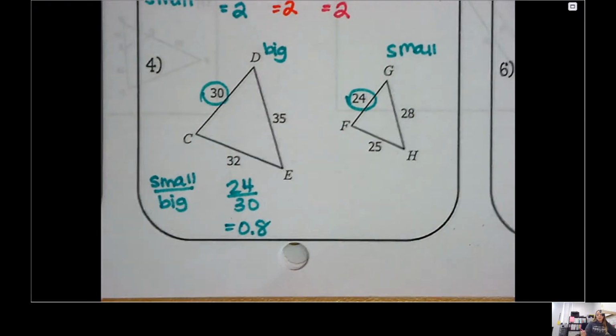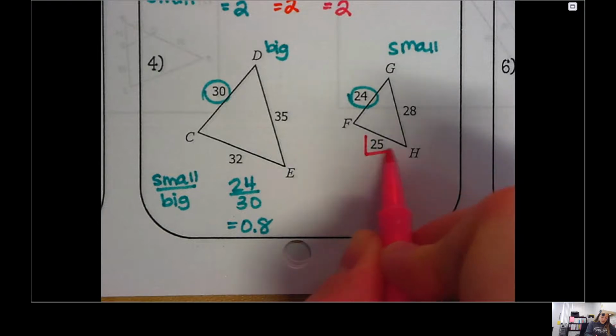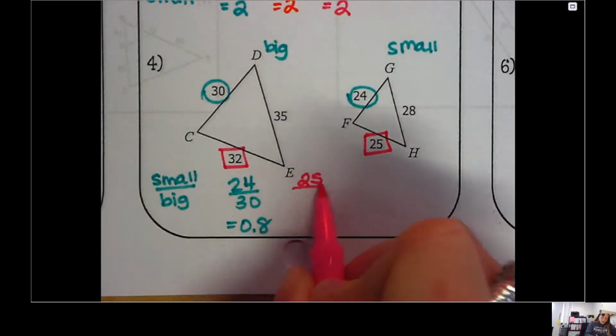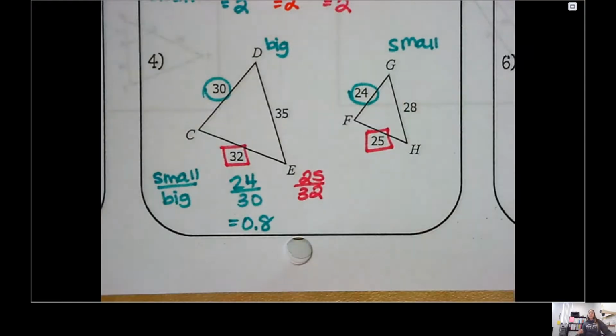Now we'll pick another one. 25 and 32. All right, again, same order. Now we just divide. We see if we get the same decimal. 25 divided by 32. What do you got?